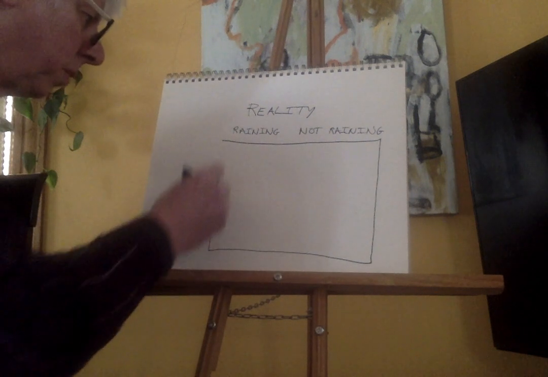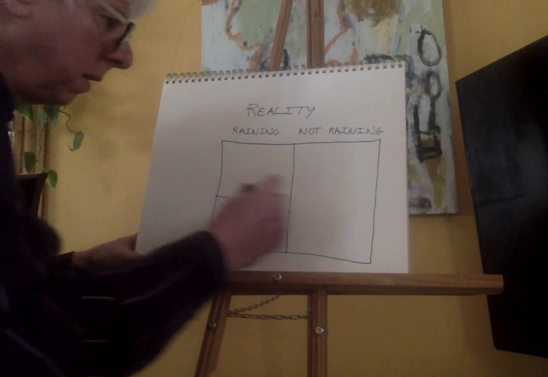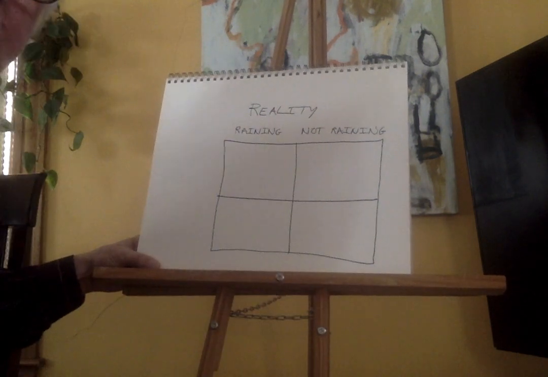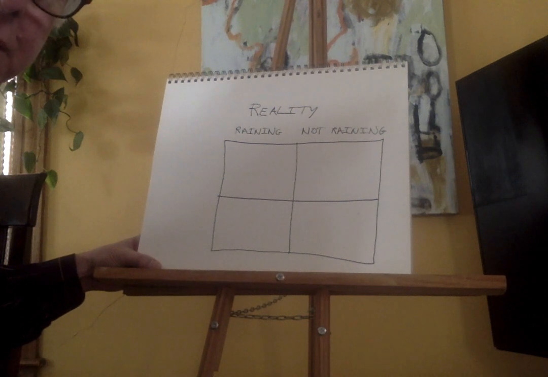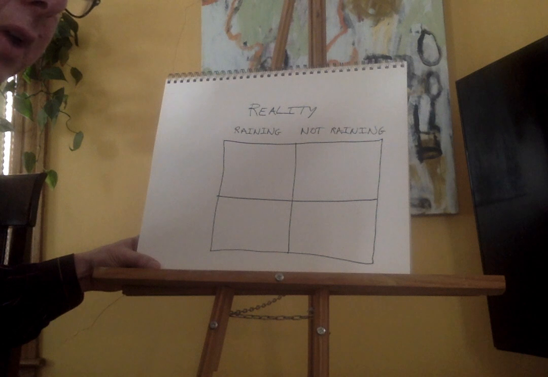And what I'm going to do here is make a 2x2 matrix. And whenever a professor makes a 2x2 matrix, pay attention, okay? Because this is a very common form of decision making.